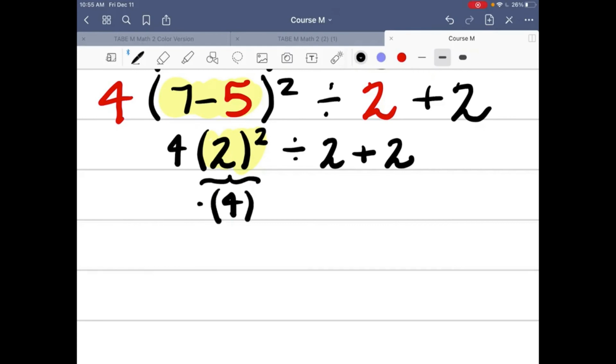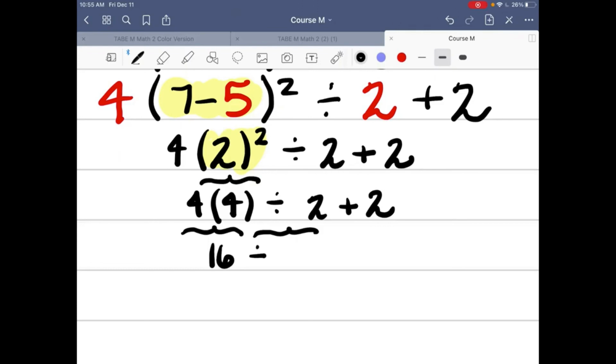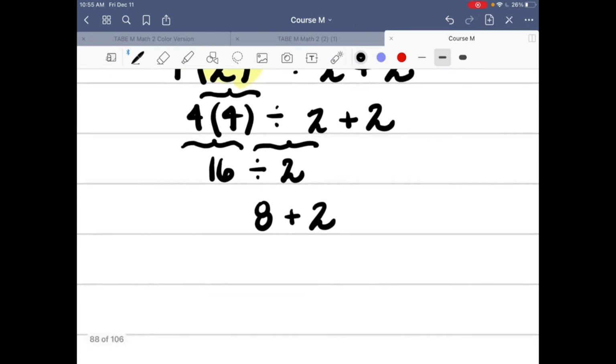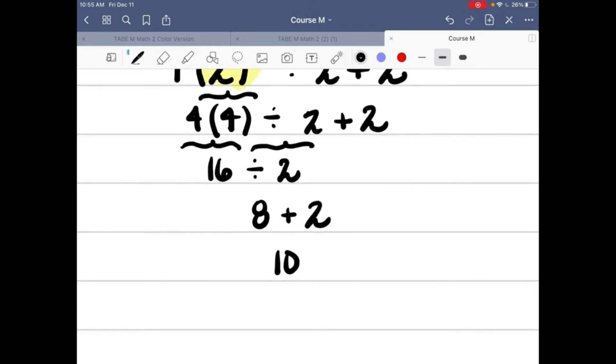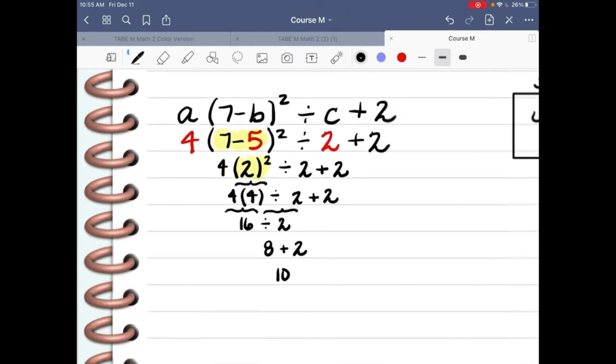And then copy the rest. And then we multiply and divide from left to right. 4 times 4 is 16, and 16 divided by 2 is 8. And then don't forget that 2 out there on the end that gets added so that we have 10.